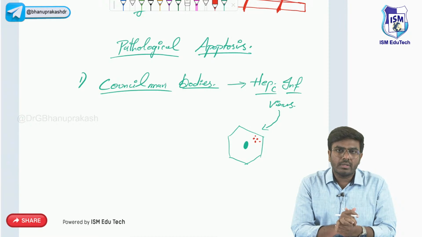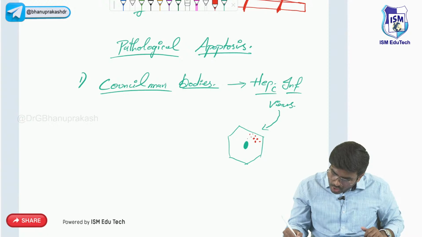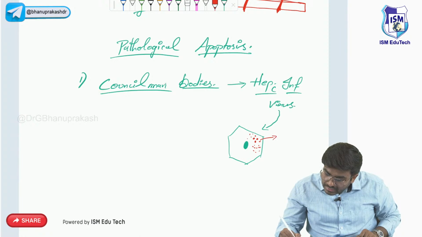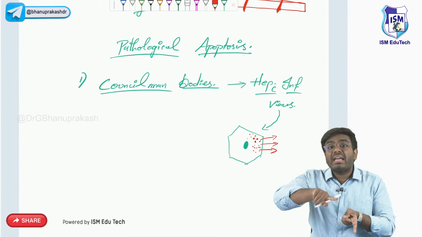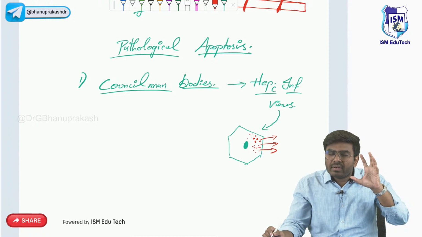This is not good. If it does nothing, lots and lots of viral replication will happen. All these viruses will damage this hepatocyte, and the released virus will attack the nearby hepatocytes and they will also be affected.